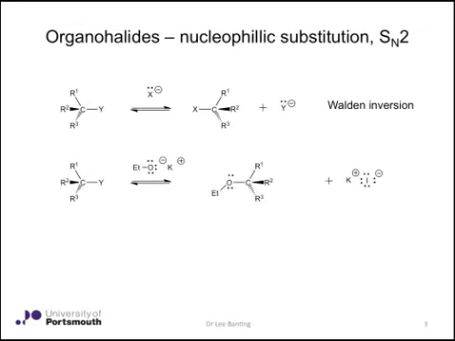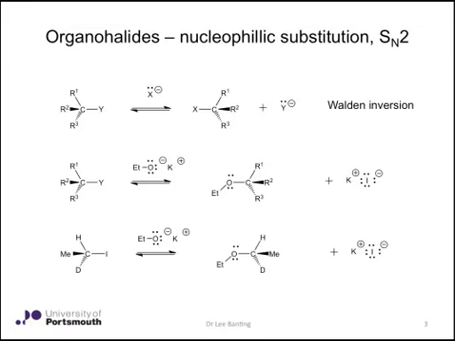So here's an example. We have a system reacting with potassium ethoxide. We have stereochemical inversion around the chiral carbon and elimination of iodine if Y is I. Here's an example.